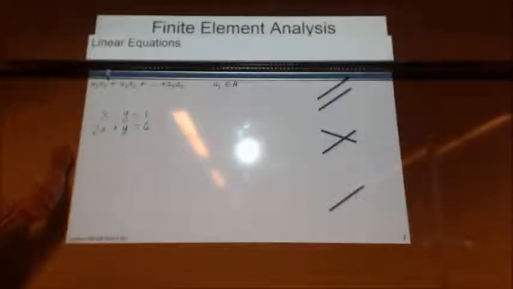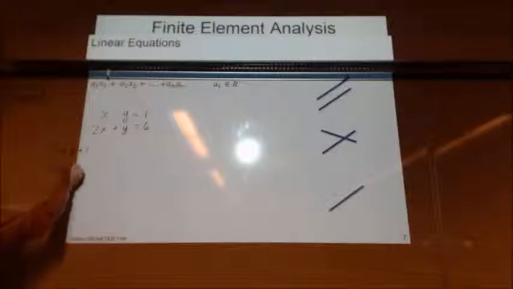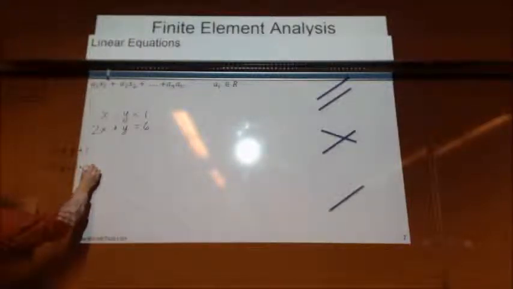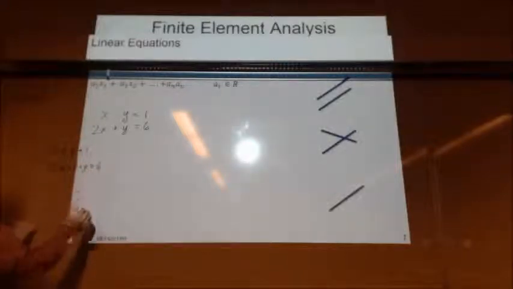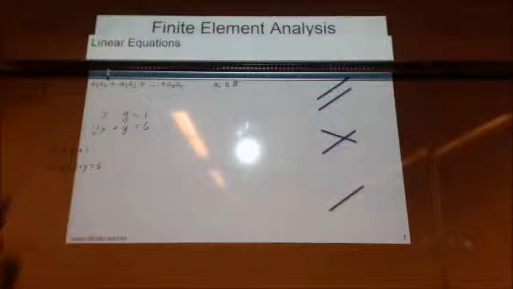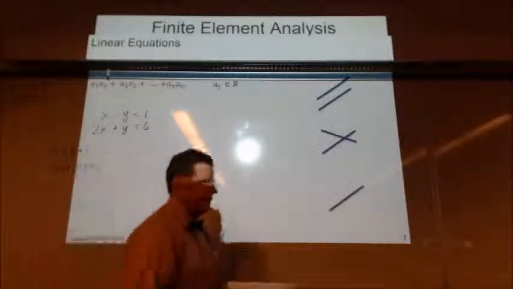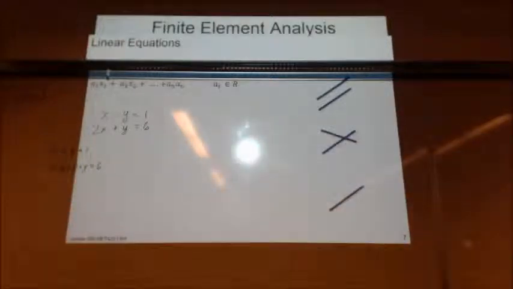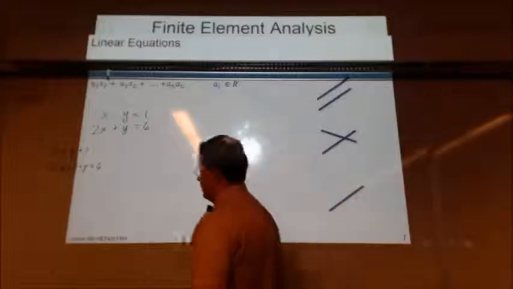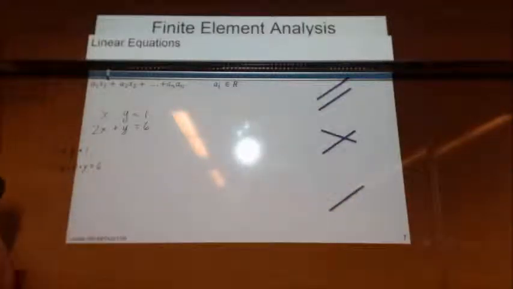I'll just write it out real fast. x equals y plus 1. So we're going to say 2 times y plus 1, plus y equals 6.